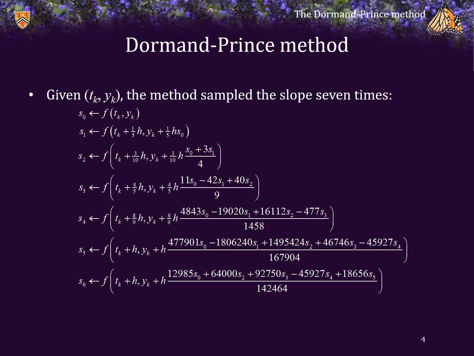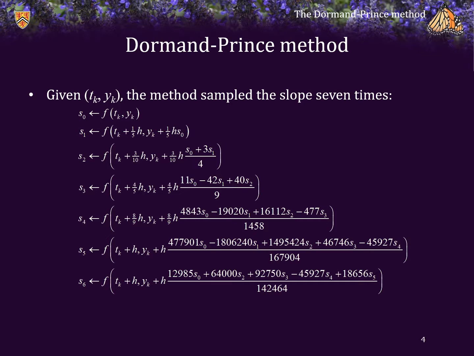Now, you're going to notice that the samples are always linear combinations. So for example, when calculating S2, 1 plus 3 is 4, so that's actually a weighted average of the first two slopes, S0 and S1.